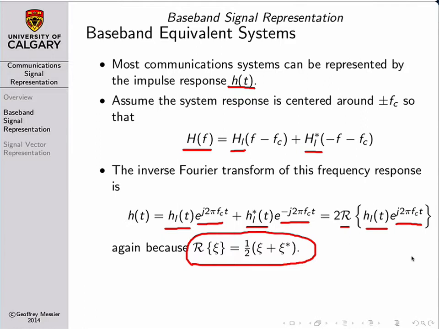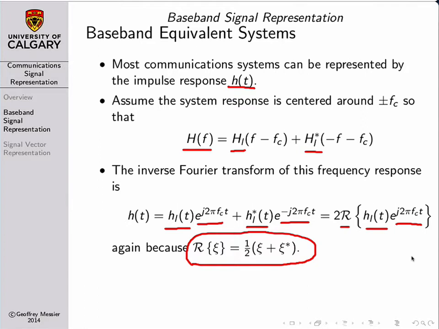In reality, most practical channels have very wideband system responses. So the wireless channel, a wired channel, optical channels will have system responses that stretch from 0 all the way up to very, very high frequencies.